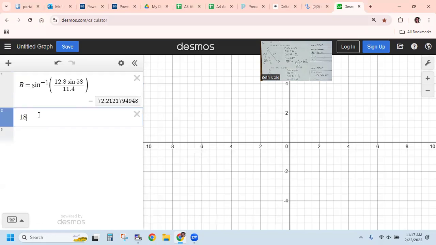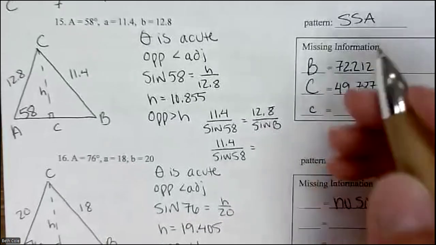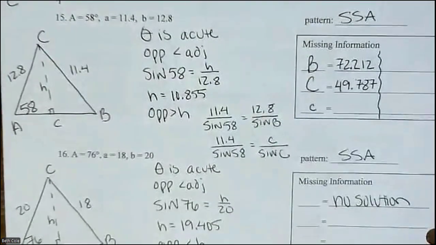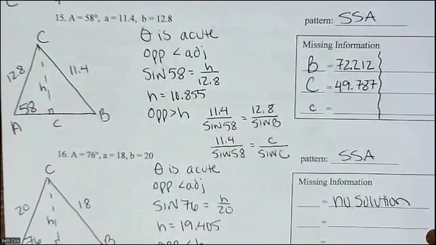Then I'm going to come down here and do 180 minus B minus 58. And that's C, 49.787. I'm going to store that as C. And then last one, what goes on this side is little c over sine of C. Do I need second sine for this one, or like sine inverse?